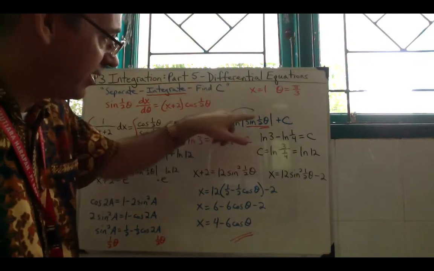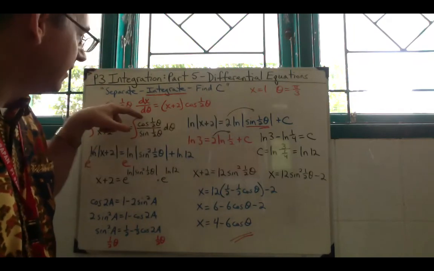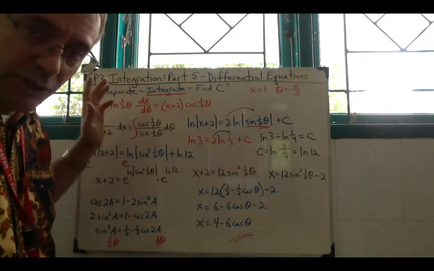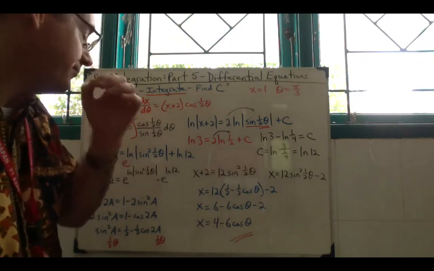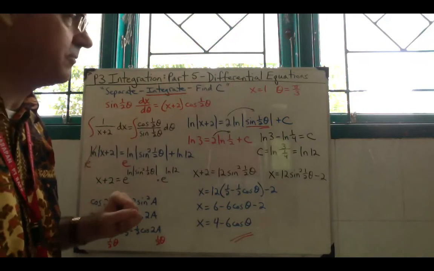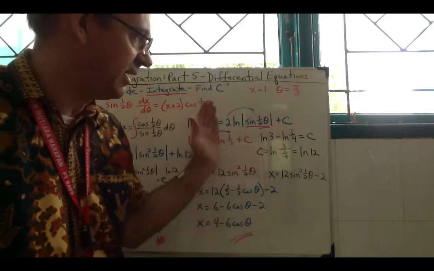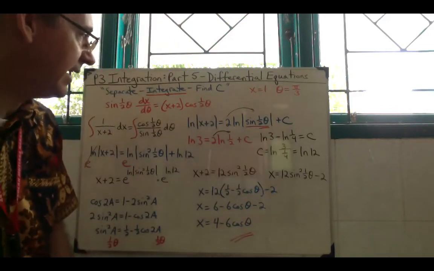So you need a 2 out here so that when you multiply by the 1/2, it cancels the 2, giving you no coefficient at all. Okay, so just think it through backwards to make sure it comes out the way you want it. And then you put the plus c and we keep it here on the right-hand side.